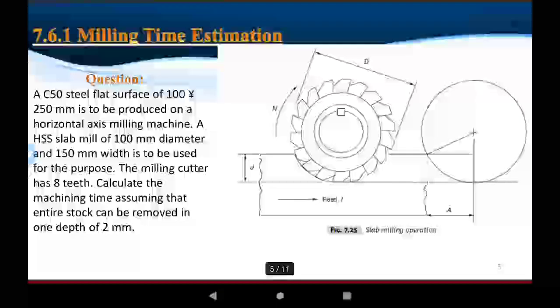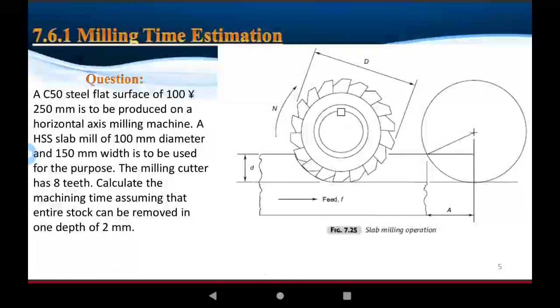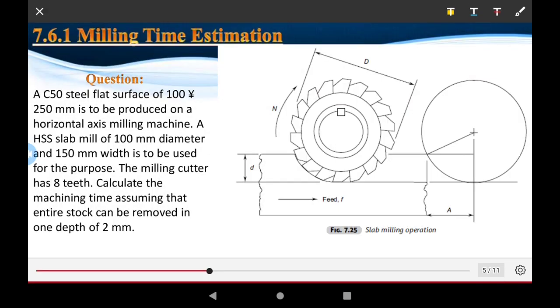A milling time estimation question: a flat surface of carbon steel, C40 or C50 steel, of 200 by 225 mm is to be produced on a horizontal axis milling machine, using a high speed steel slab mill of 100 mm diameter.